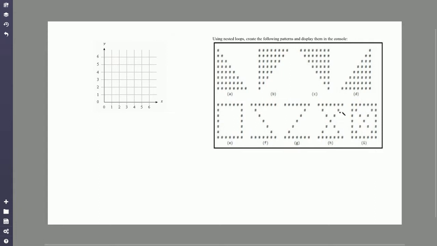They'll have you just output weird shapes to the console to see how well you understand loops. So that being said, the basic idea is that you have a nested for loop that goes over each row and column, and then you decide whether or not to output a pound symbol or a space.